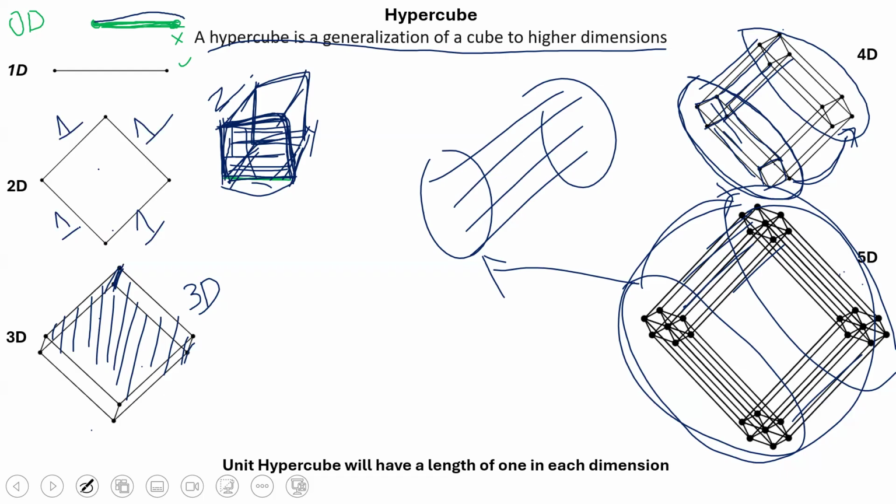This has length 1, this has length 1, and the height is also length 1. So that is how a unit hypercube actually looks like. The difference between a hypercube and a unit hypercube is that a unit hypercube will have a length of 1 in each dimension. That is what a hypercube basically means. Is this clear?